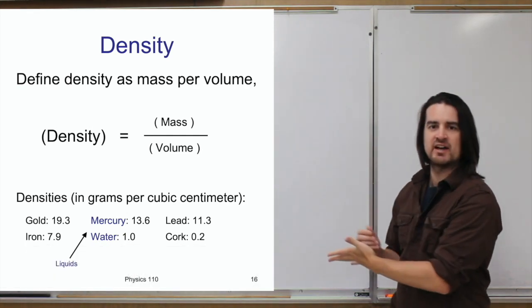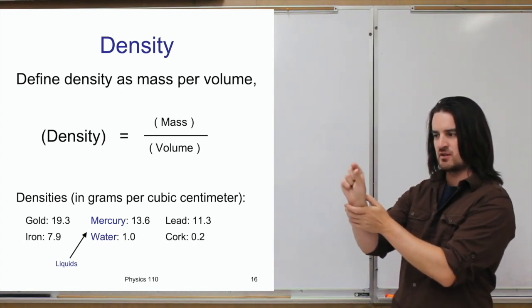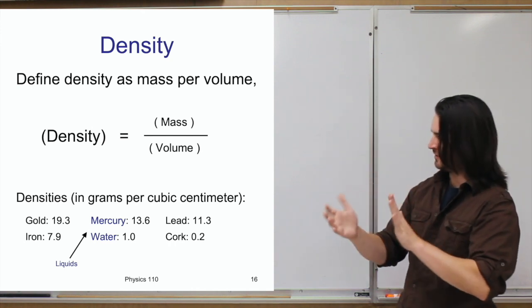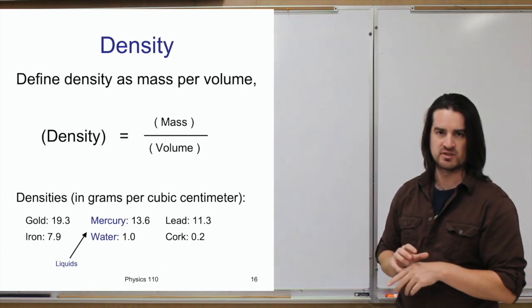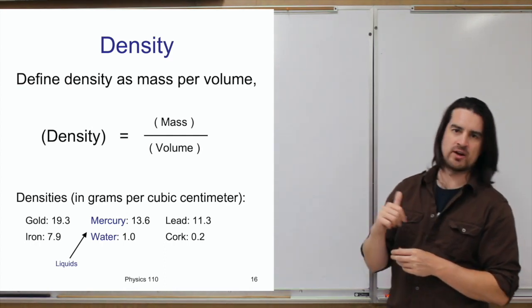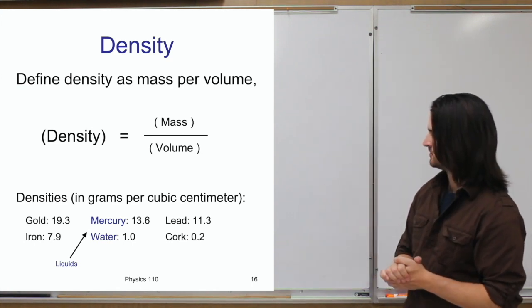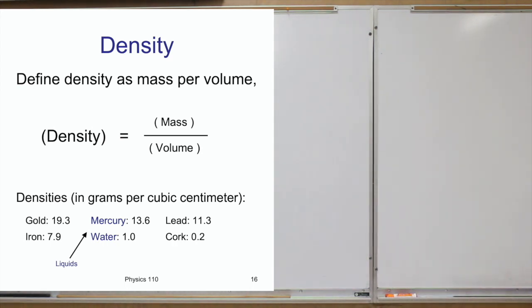Another way of saying that is if you had the same volume of each of these things, if you had 1 cubic centimeter or a cubic foot, the gold is going to weigh the most because it's the densest. And the cork is going to weigh the least. It's only 0.2 grams per cubic centimeter versus the lead and the iron. So just some examples of different densities.